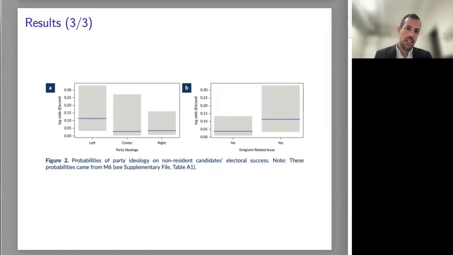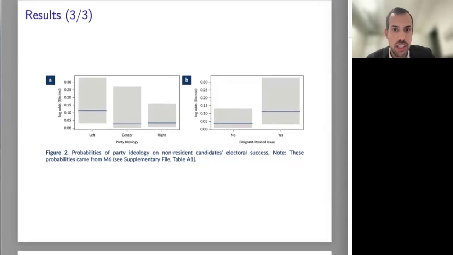Left-wing or left-leaning ideology, as well as migrant-related issues, a party that defends or is explicitly interested in migrant-related issues, is quite related to the electoral success of non-resident candidates, which is not surprising in the European literature.